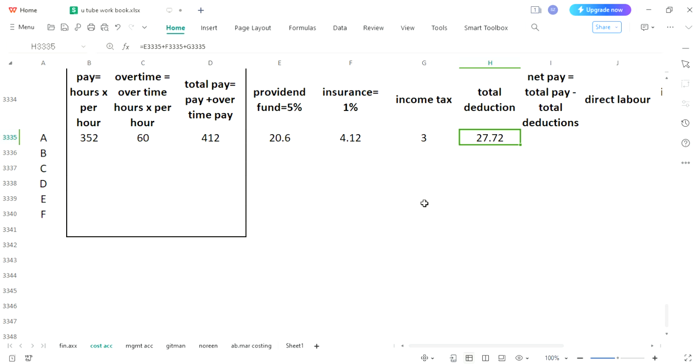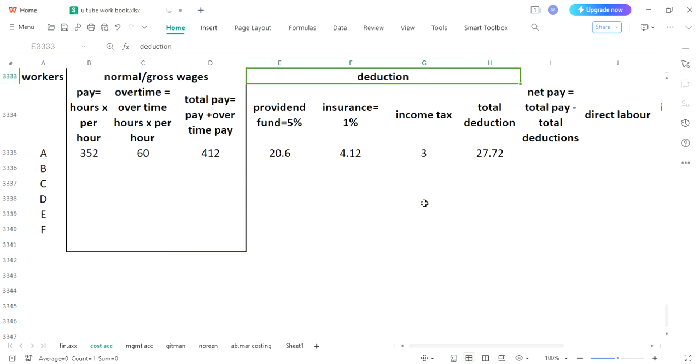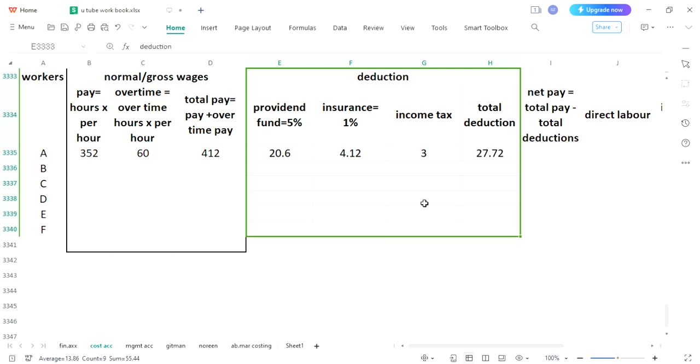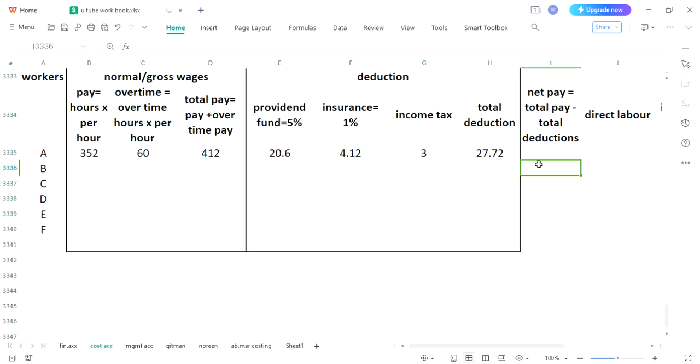In this way we can complete our column for total deductions. The first column was used to calculate total pay. These are total deductions. And net pay, we have elaborated the formula. Net pay would be calculated by deducting all deductions from payment. This was your total payment and 27.2 was total deduction.